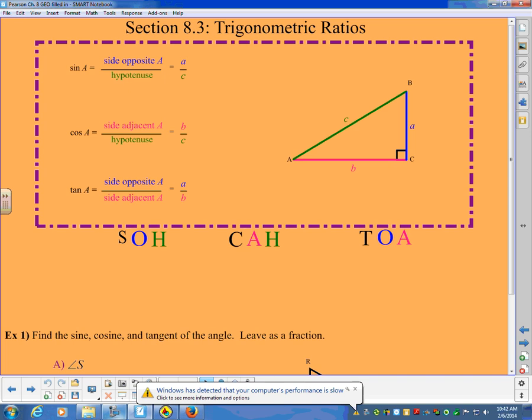So although this green line segment here is adjacent to angle A, it's the hypotenuse first. The hypotenuse is not also the adjacent. So we only have one adjacent, one hypotenuse, and one opposite side in each right triangle. Then the tangent of A is equal to the side opposite A divided by the side adjacent to A, or A over B.